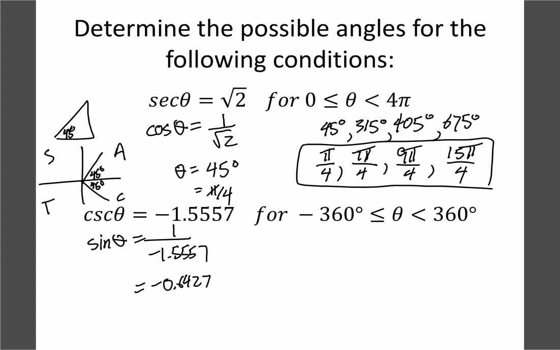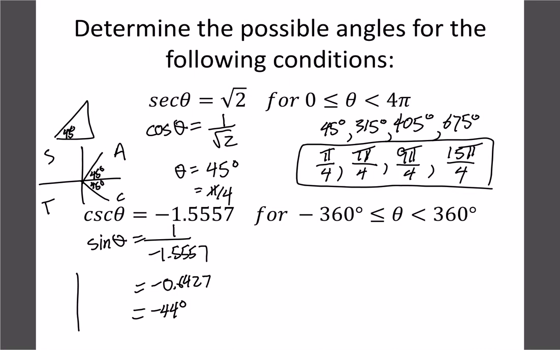And now we can go to the inverse sine of that. So we take the sine inverse of that answer, and let's do this in degrees because our question is given to us in degrees. We get an answer of negative 44 degrees if we round it off.